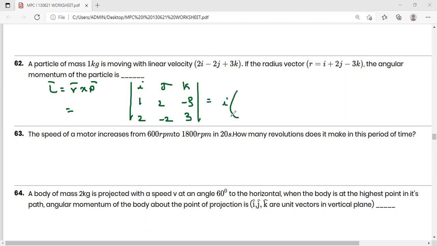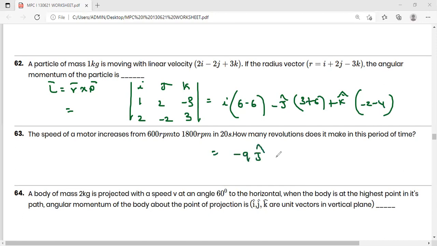You can just calculate now. i into 6 minus 6, minus j cap into 3 plus 6, plus k cap into minus 2 minus 4. And totally i component will become 0 and j component will be minus 9 j cap. This will be minus 6 k cap.